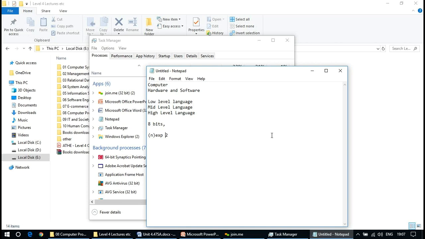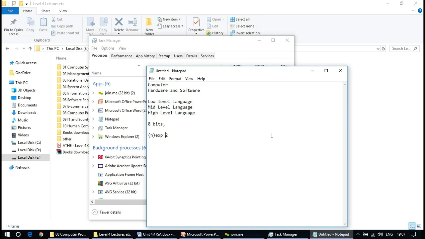No, it has the exponential 2. So 2 bits can store 4 values: 0 0, 0 1, 1 0, and 1 1. Then 3 bits can hold 8 values, for example 0 0 0, then 0 1 0, then 1 0 0, then 1 1 0, then 0 1 1, and so on.